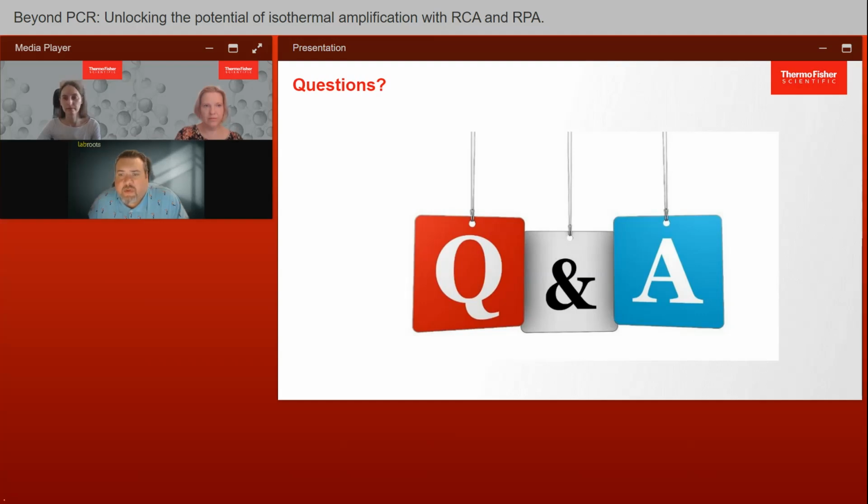All right. We do have time for a few more questions here. Rasa, one for you. Isothermal amplification reaction temperatures are much lower than PCR. How does this address non-specific amplification challenges? So a lot, again, depends on primer design.